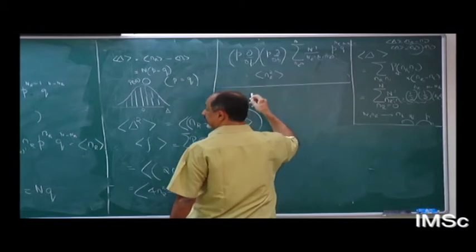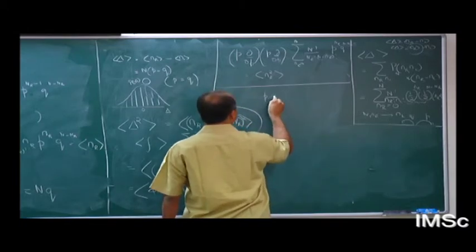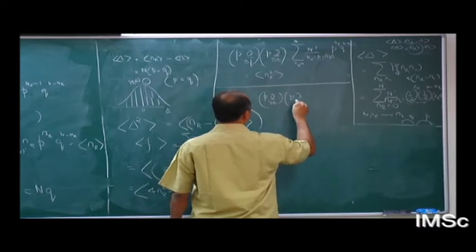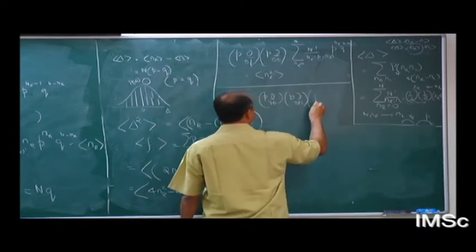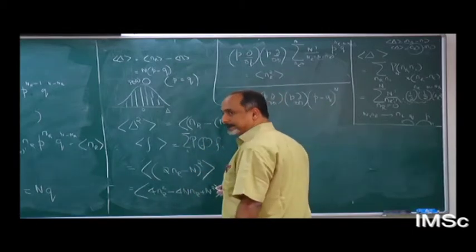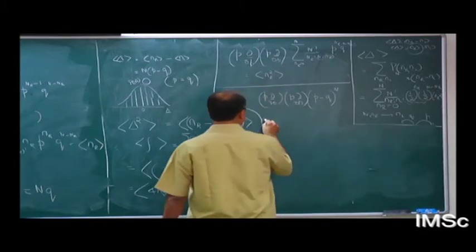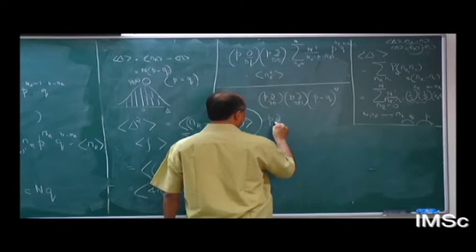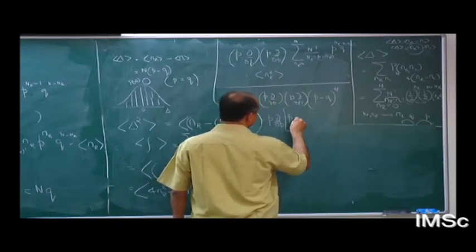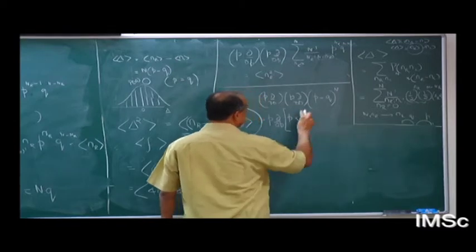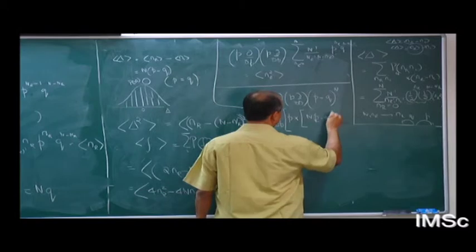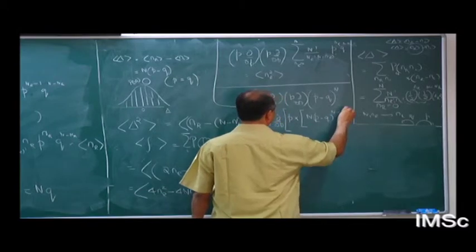That is just p delta by delta p of p delta by delta p of (p plus q) to the power n. Okay, so let's just do the second derivative, p delta by delta p of p times the derivative of this, which is n times (p plus q) to the power n minus 1.